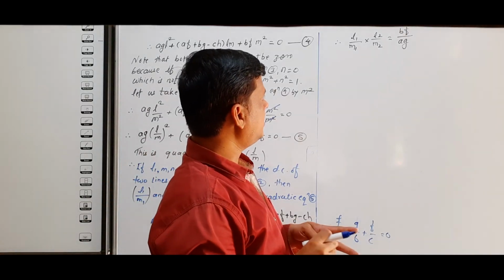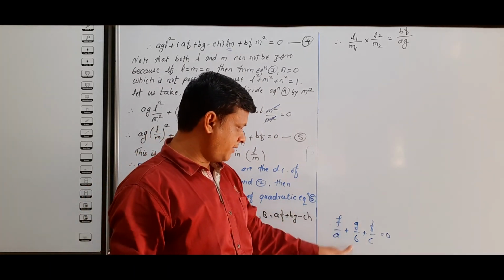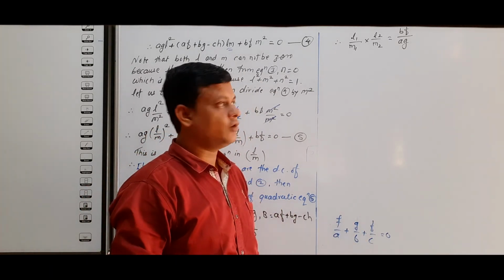So we rearrange this because we require F by A plus G by B plus H by C equals to 0.